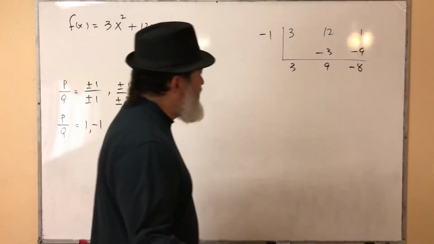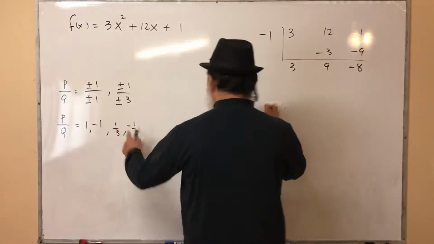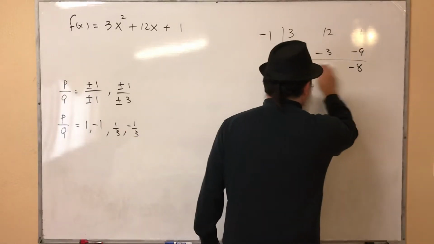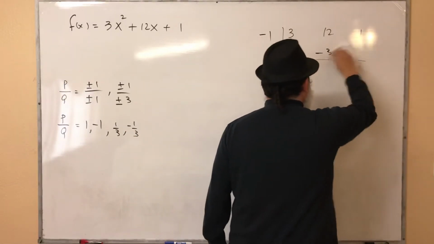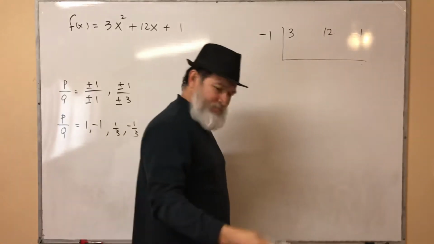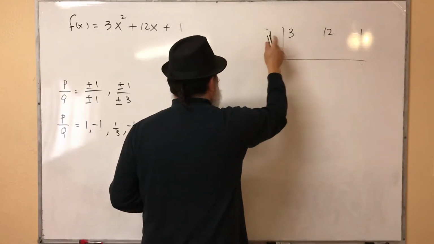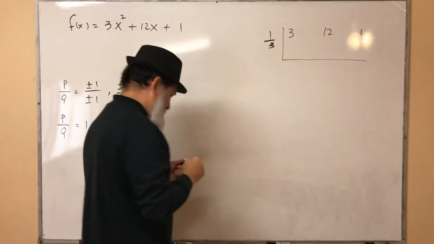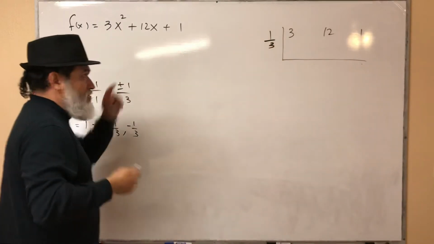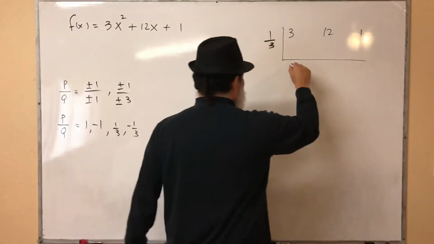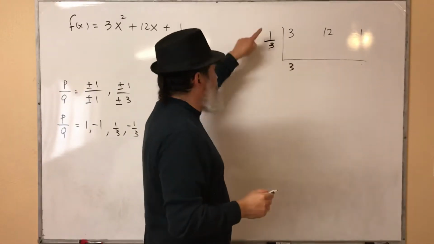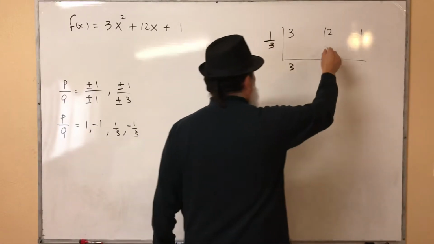Want to try 1/3? Okay, try 1/3. Bring down. Multiply. What's 1/3 times 3? 1.